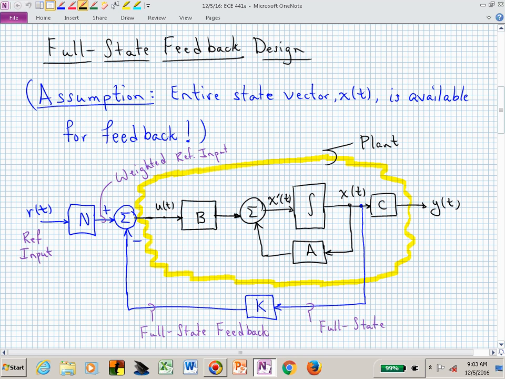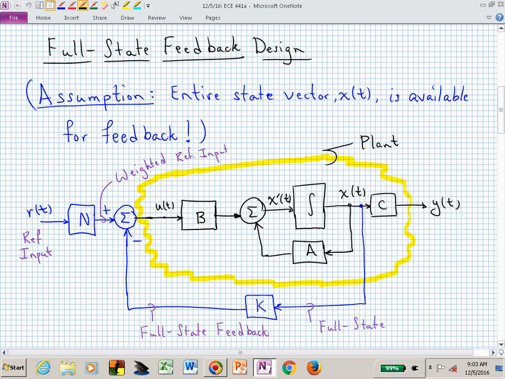That we can measure position, we can measure velocity. It's not a linear combination of those. It's not the output, it's actually the state vector that we are measuring. We get the full state, and we weight that full state feedback vector with this matrix K, and that gives us our full state feedback.